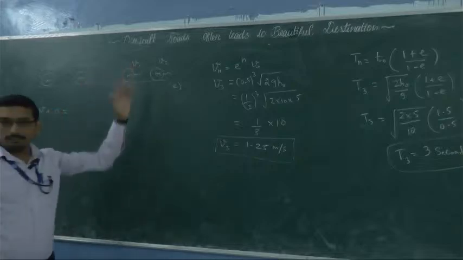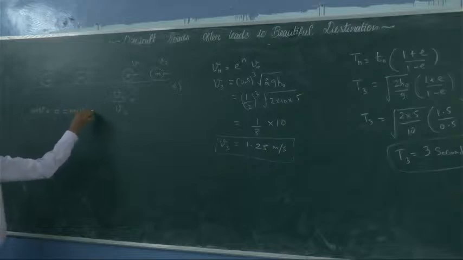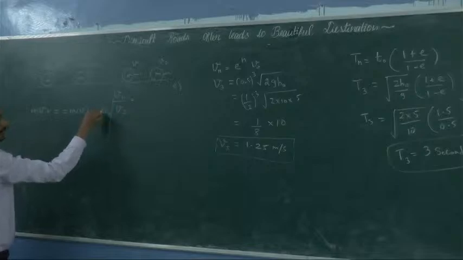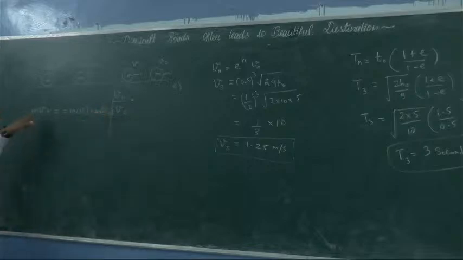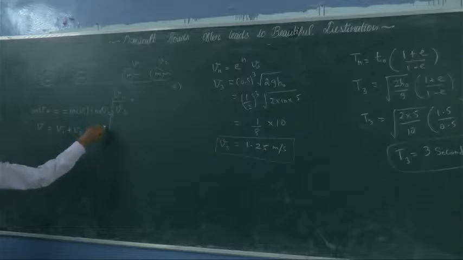After collision, the first mass m has velocity v1 and the second mass m has velocity v2. Mass is common, so it gets cancelled. So v is equal to v1 plus v2. We consider this as equation 1.